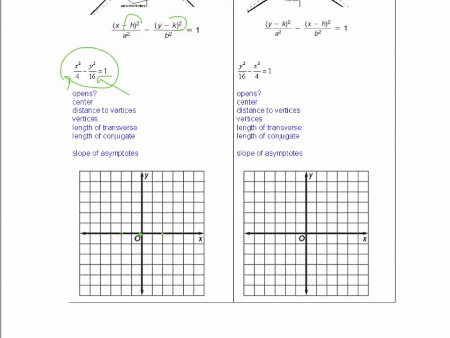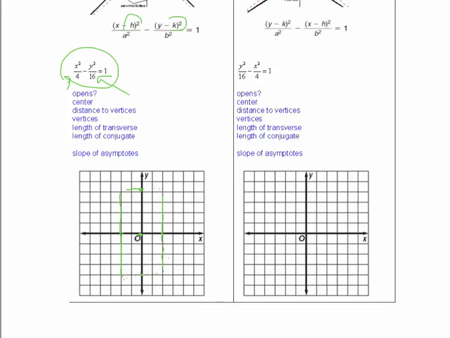The square root of 16 is 4. That means we're going to go up 4 on the y-axis and down 4 to get the other points that we need. Once you're done with that, you want to draw a box that goes through those 4 points. This box is not part of your hyperbola, but it's going to be used to graph your hyperbola.